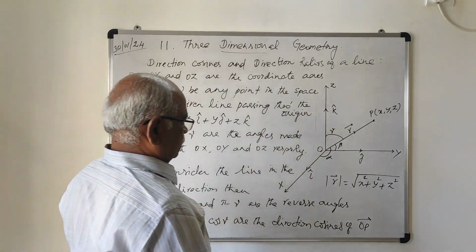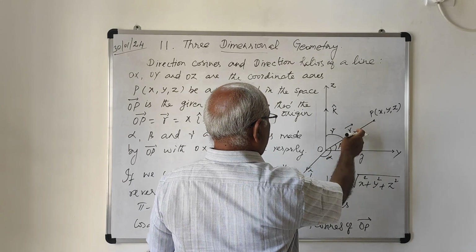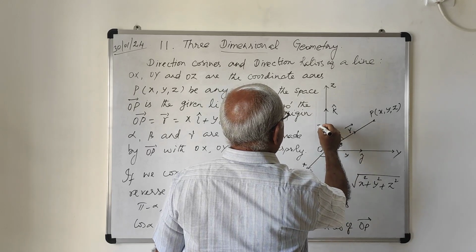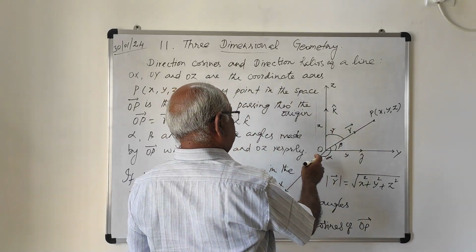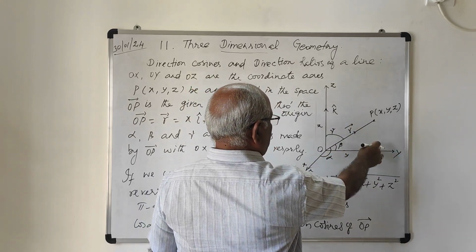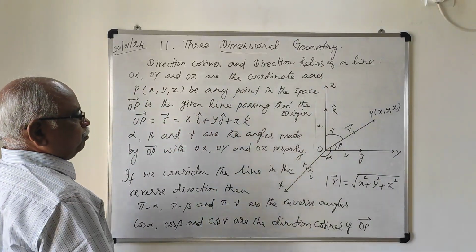Here x is the x coordinate of the point along the x axis, y is the y coordinate along the y axis, and z is the z coordinate along the z axis.